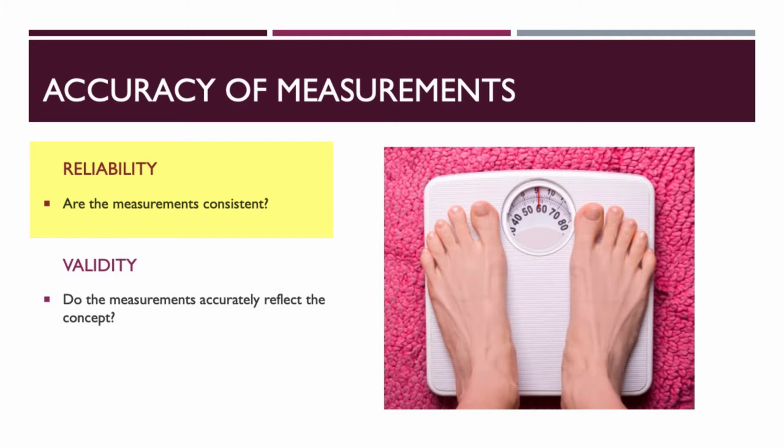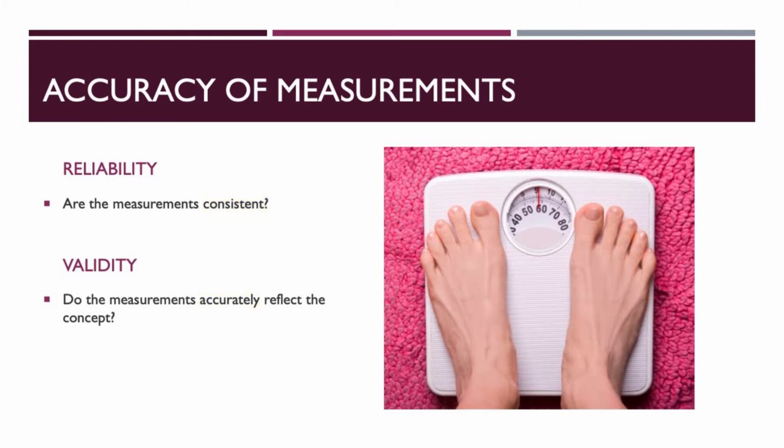Are they consistent across our cases? And the second is validity. Are our measures valid? Do they accurately reflect the concept we are trying to measure? So just remember, reliability means that our measures are consistent, and validity means that they are accurate.